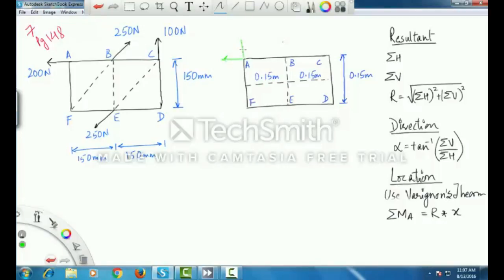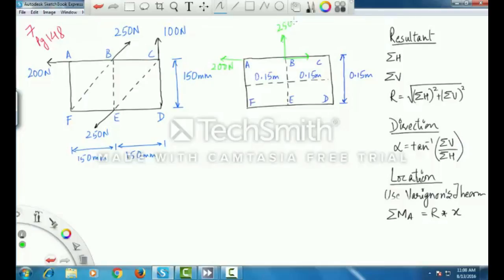So we're going to resolve the forces at A. It's a horizontal force, so no need to resolve this. This will remain as it is, 200 Newton.